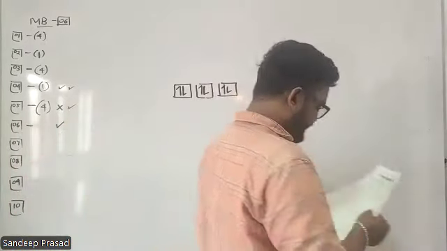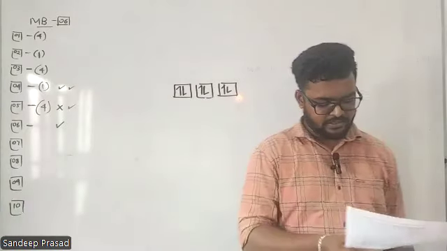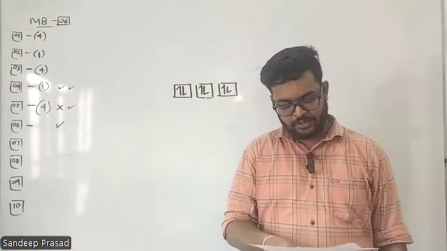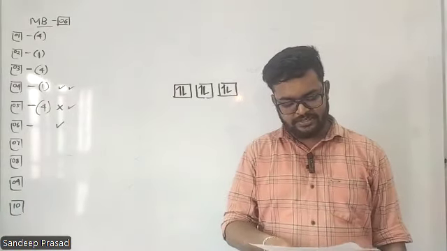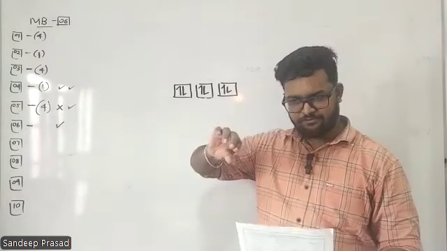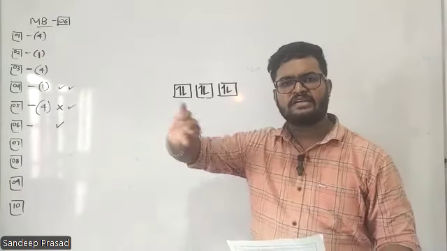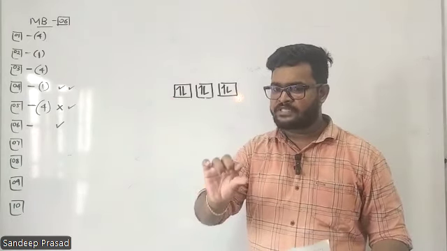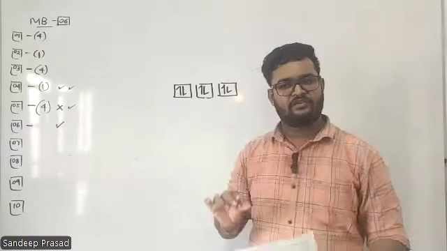Next one, it states that the filling up of electrons into the orbitals takes place according to the increasing order of energy of the orbitals. That means they are telling us that Hund's rule states that electrons are filled into the orbitals in increasing energy order. Students, go to the Aufbau principle definition I gave you.